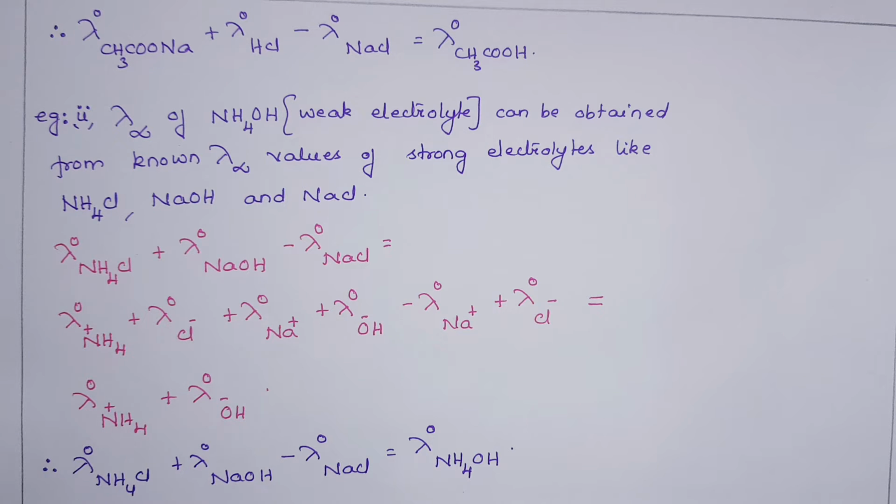Try to write down. NH4Cl gets dissociated into NH4 plus and Cl minus. So lambda naught NH4 plus lambda naught Cl minus plus lambda naught Na plus lambda naught OH minus minus lambda naught Na plus. Here it should be minus, not plus. So lambda naught Cl minus.